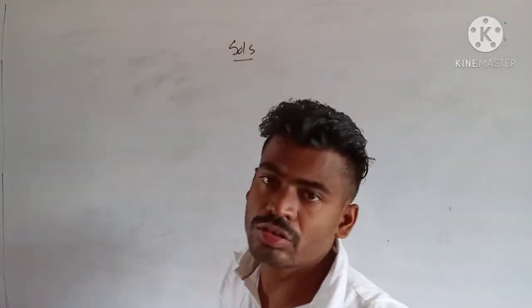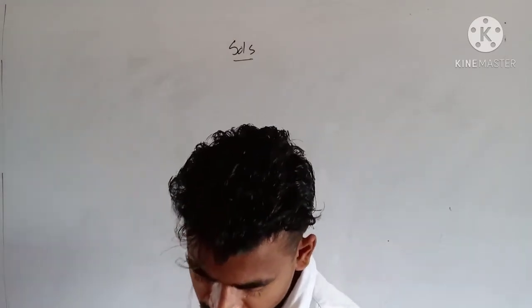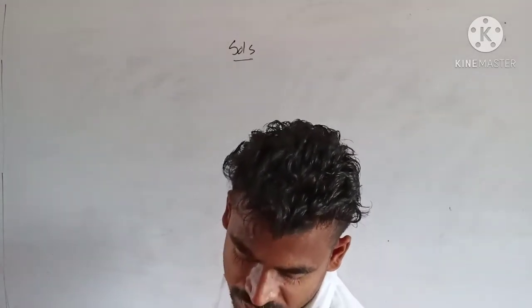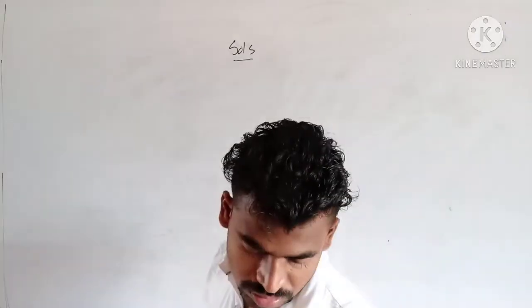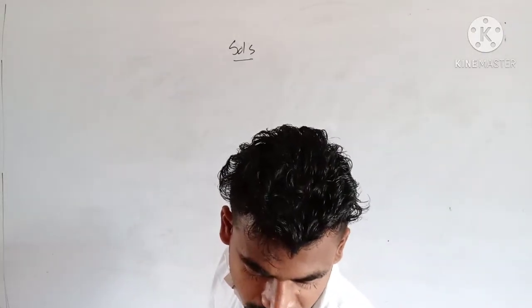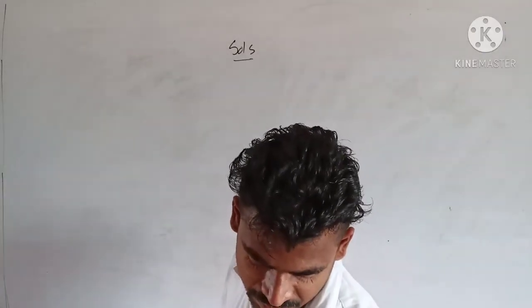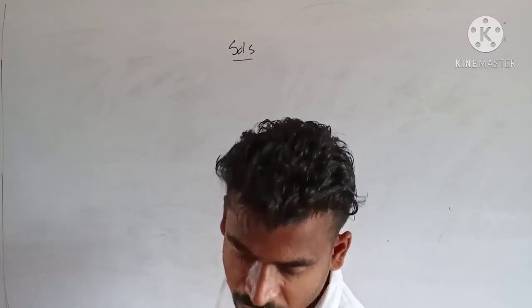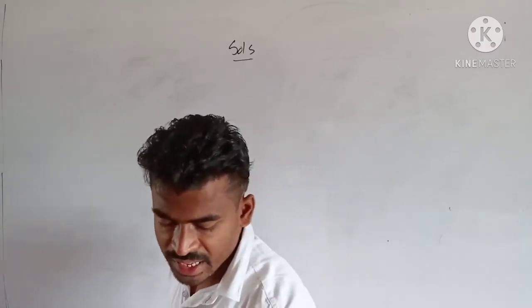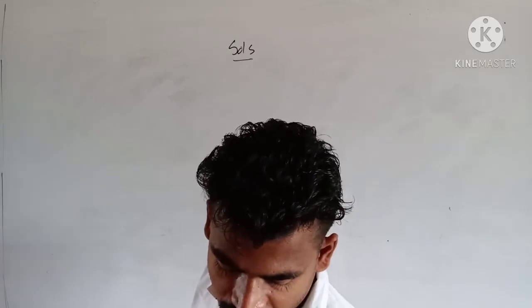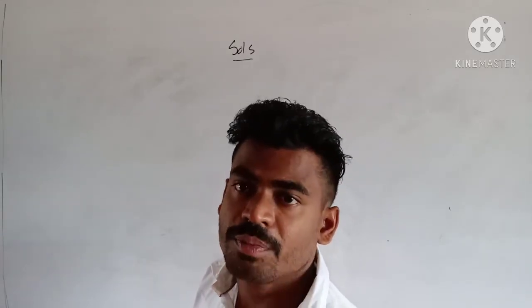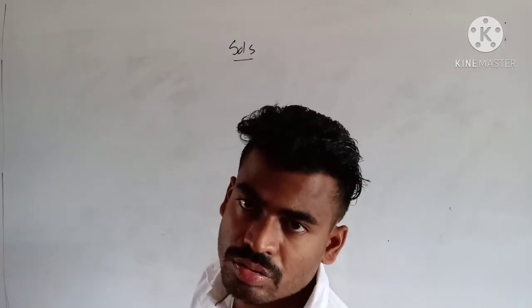These are called sols. If your dispersion medium is water, then it is called hydrosol. If benzene is taken as your dispersion medium, or you can say solvent, then it is called benzosol, and in case of alcohol it is called alcosol.